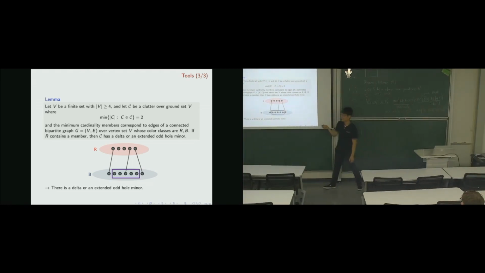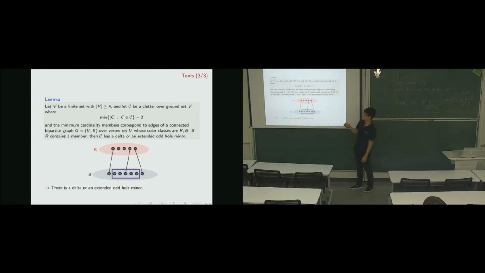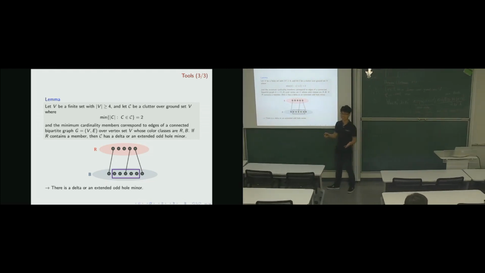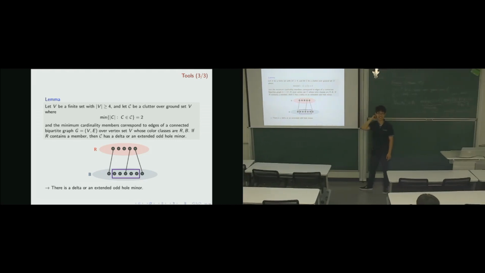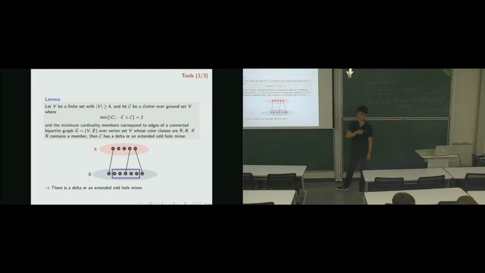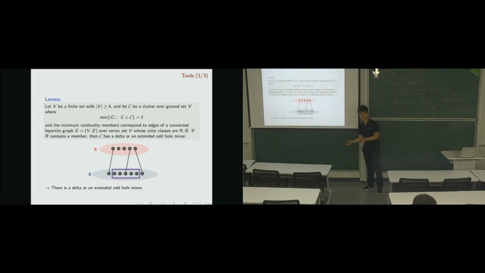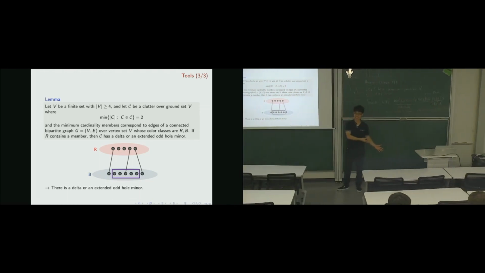Can you guys guess how I can use these two tools? I mean, if you give me a clutter which is dense, then it doesn't necessarily have cardinality 2. How do I use this? Basically, if you give me a dense clutter, you move to the blocker, and I assume that the blocker has minimum cardinality 2.